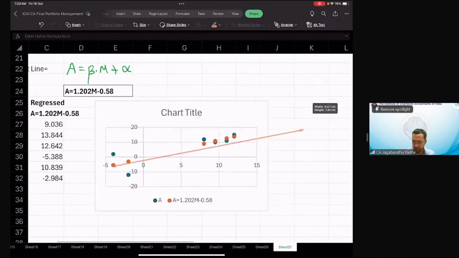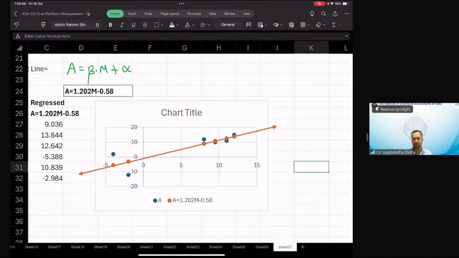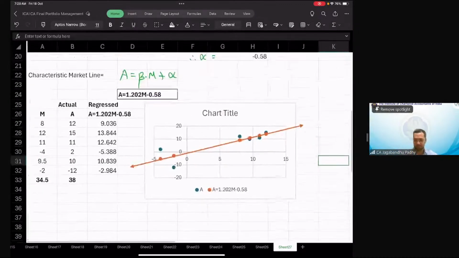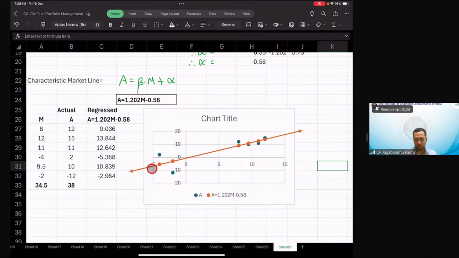You can just see that all the orange dots are forming a straight line, guys. Right? And that is what our objective was when we were calculating the regression. Our objective was to form a straight line like this. And this is what we are actually getting in the form of this regression.